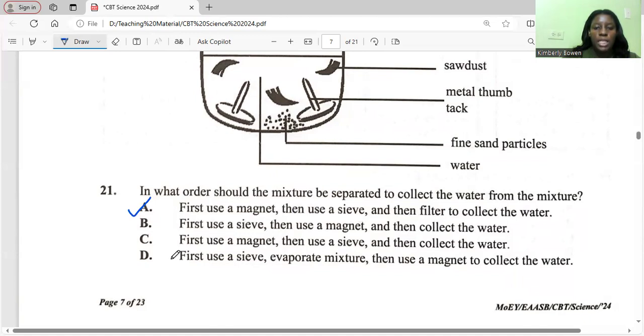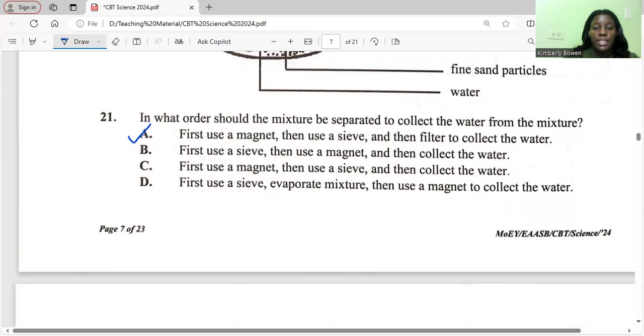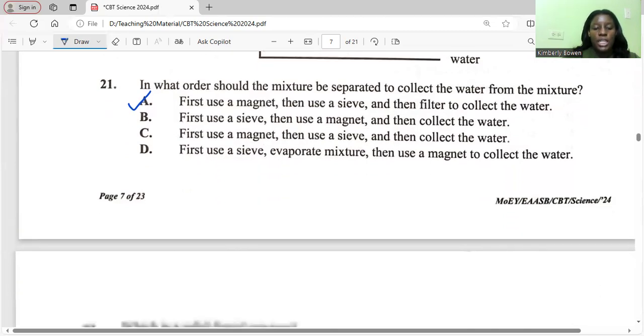So B is not it. C, you need a filter to take out the small sand particles. So the correct answer is A. If the mixture is evaporated, then the water is out of the mixture. So that's definitely not the answer.